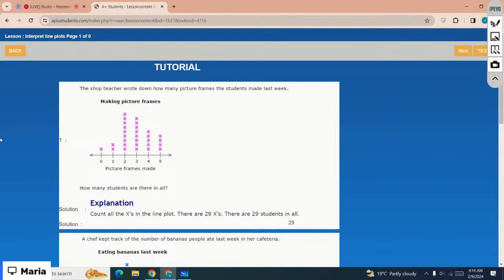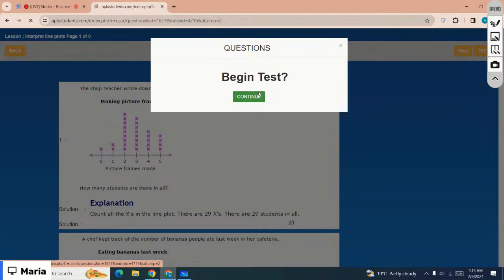So how many students? 1, 2, 3, 4, 5, 6, 7, 8, 9, 10, 11, 12, 13, 14, 15, 16, 17, 18, 19, 20, 21, 22, 23, 24, 25, 26, 27, 28, 29. 29 it is, right? Let's just start with the test questions.